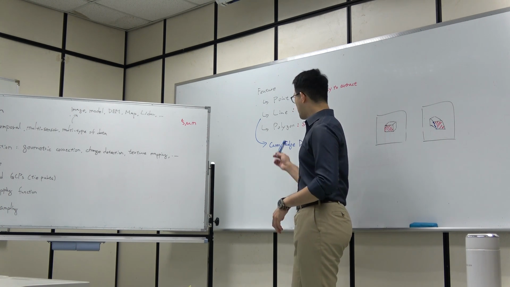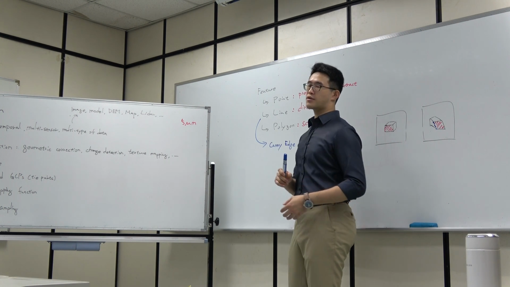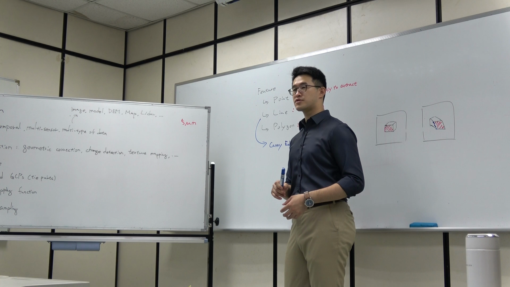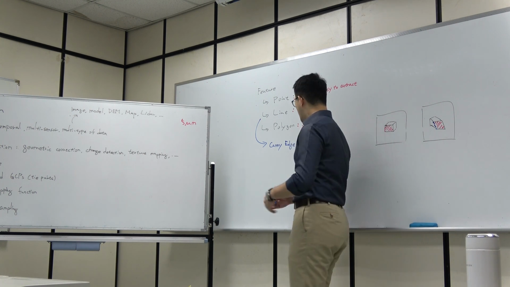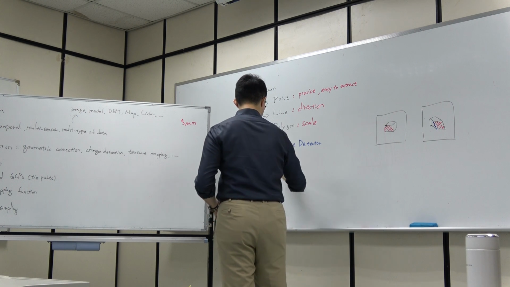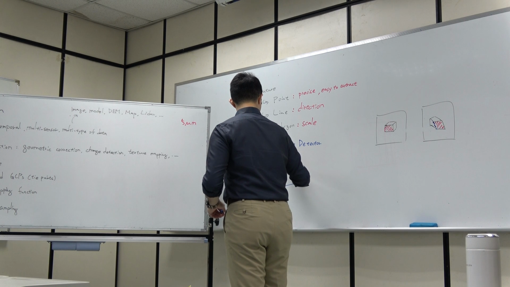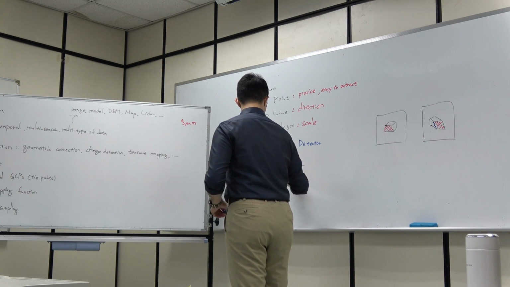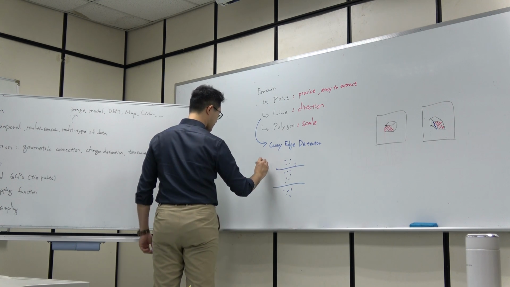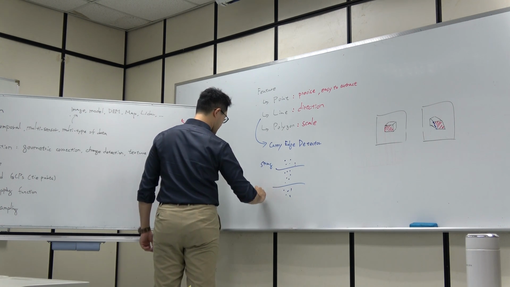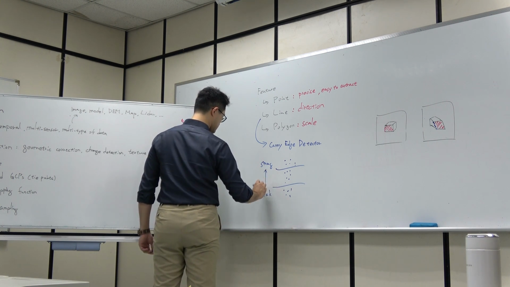But that also makes this algorithm a little bit sensitive to thresholds. If you have a lot of features, it has two thresholds, and you have pixels with strong features and weak features.